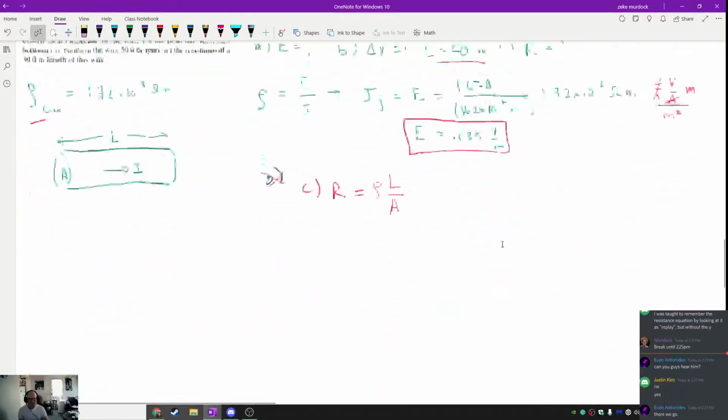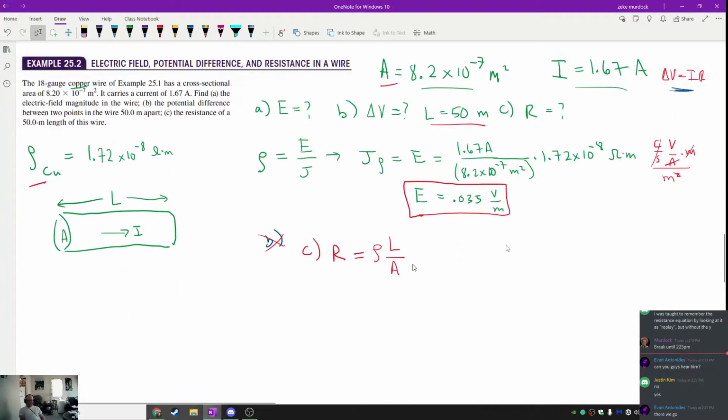Yep, rho L over A. So if we take the resistivity of 1.72 times 10 to the minus 8 ohm meters, multiply by L over A, so L is 50 meters, and the cross-sectional area was 8.2 times 10 to the minus 7 meters squared. This will give us the value for the resistance.